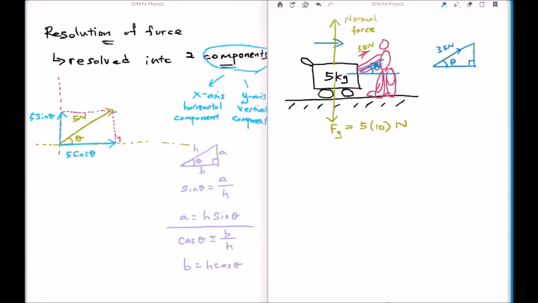You don't need to worry about the vertical component. You worry about the horizontal component to the right. So this would be 35 cos of the angle. And of course, this is 35 sine theta going up, but you don't need to worry about this.